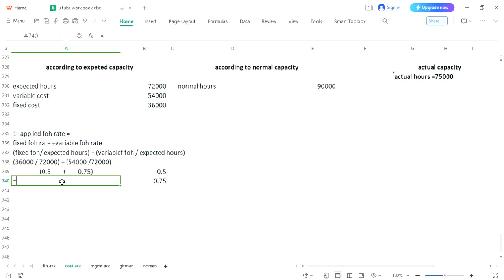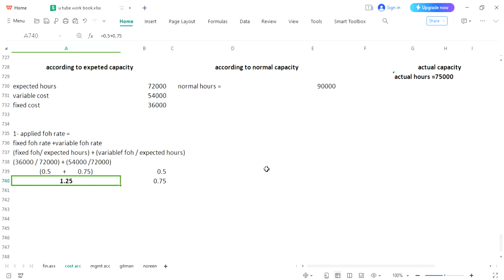It's time to add both: 0.5 added to 0.75. So here we have got our expected rate.